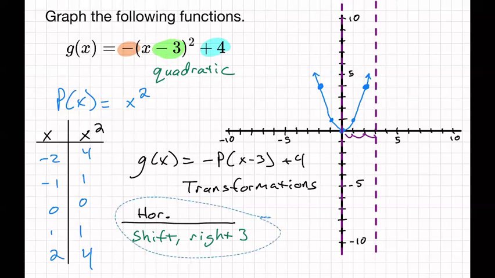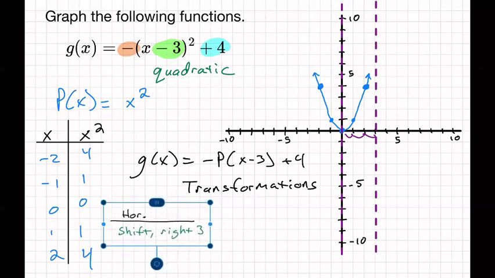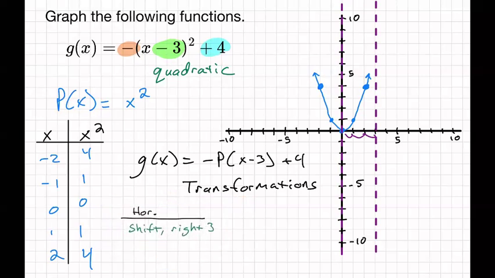Now, as we have horizontal transformations, know that we do have vertical ones as well. That's where we're going to see the other pieces come in because they're outside the part that's being squared. What you're going to find there is the +4 we'll treat similarly because it's being added to the function.